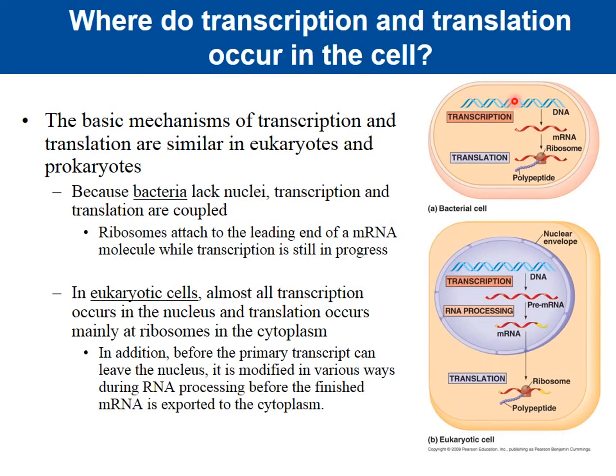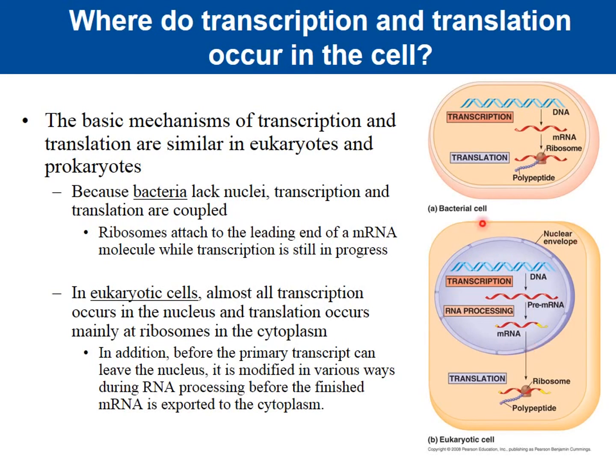And so in this case, transcription and translation are coupled. They're not spatially separated. As bacteria is doing transcription, so as it's making its mRNA, simultaneously it's going to translate it. It's going to read the mRNA and synthesize the appropriate amino acid sequence. These two things can happen at the same time.